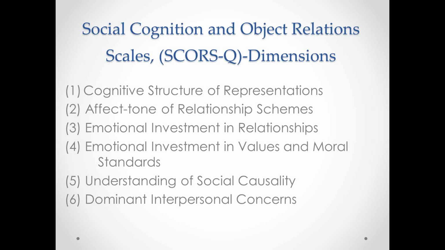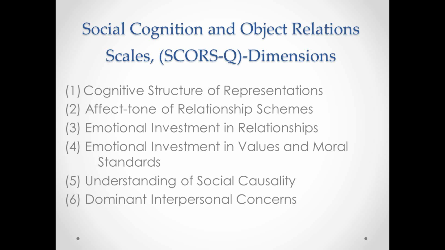But the current SCORS-Q dimensions are cognitive structure of representations, affect tone of relationship schemas, emotional investment in relationships, emotional investment in values and moral standards, understanding of social causality, and dominant interpersonal concerns.